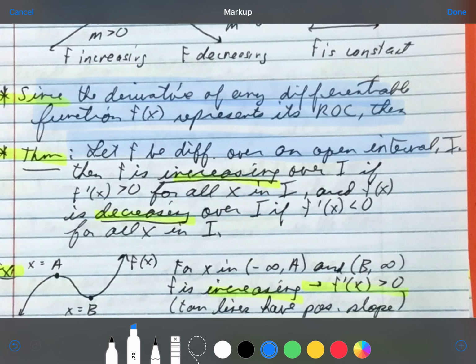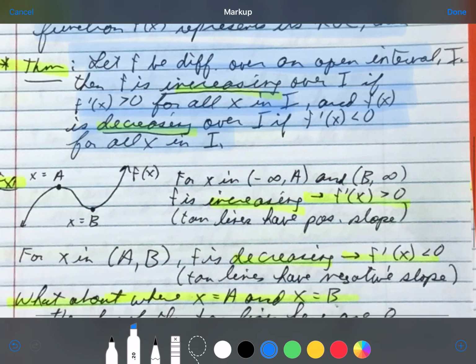So again, just like our slope in linear functions, our rate of change is our derivative for any function. And if that rate of change, if that derivative is positive, then our function would be increasing over that interval. And then if f prime is negative, then our function would be decreasing. So f of x is decreasing on that interval if f prime is negative for all x in the interval.